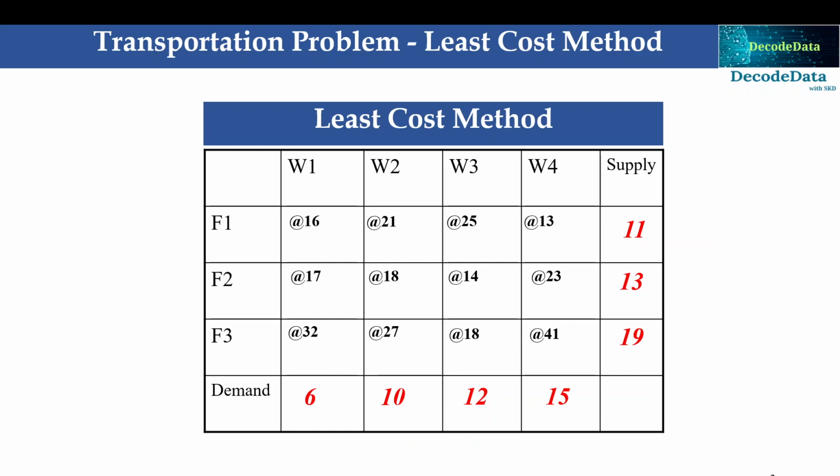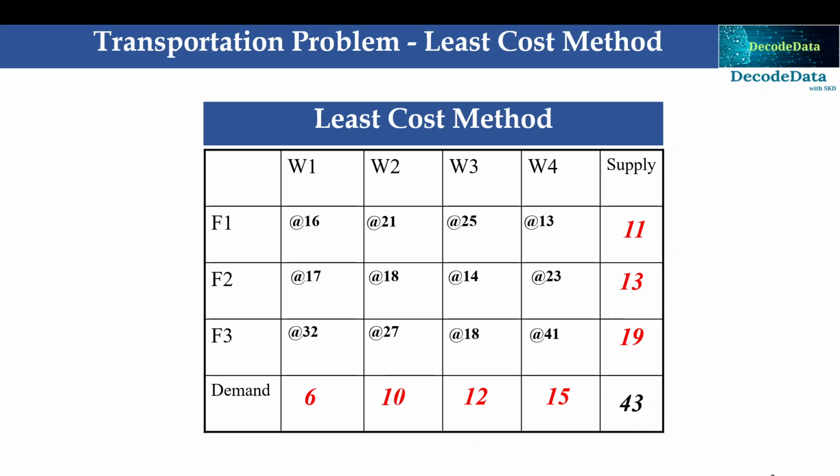So now let's start with the application of the LCM method to find the initial basic solution. I assure you that this is a very simple method and it will be easy if you focus completely and watch the entire process till the end. The total is 43.